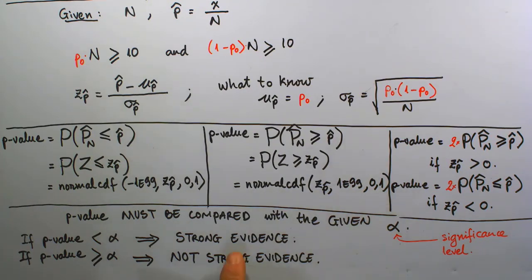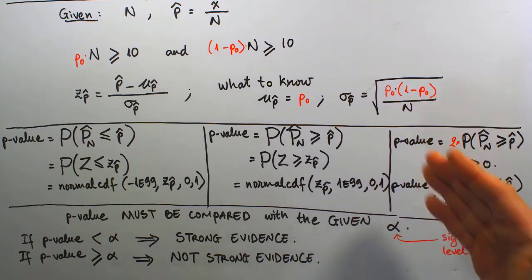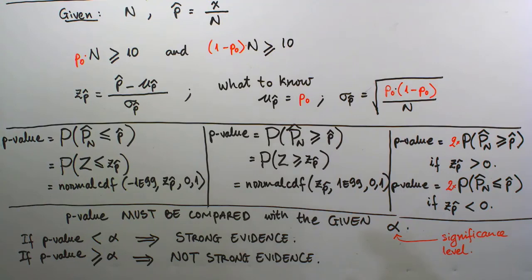And having strong evidence is to reject H sub 0 or to accept or to support H1. The same way right here, not having strong evidence means we will fail to reject H sub 0 or we fail to support H1. And so this is the summary of all the highlighted steps, in this certain order, anytime we are testing a hypothesis about a population proportion value.